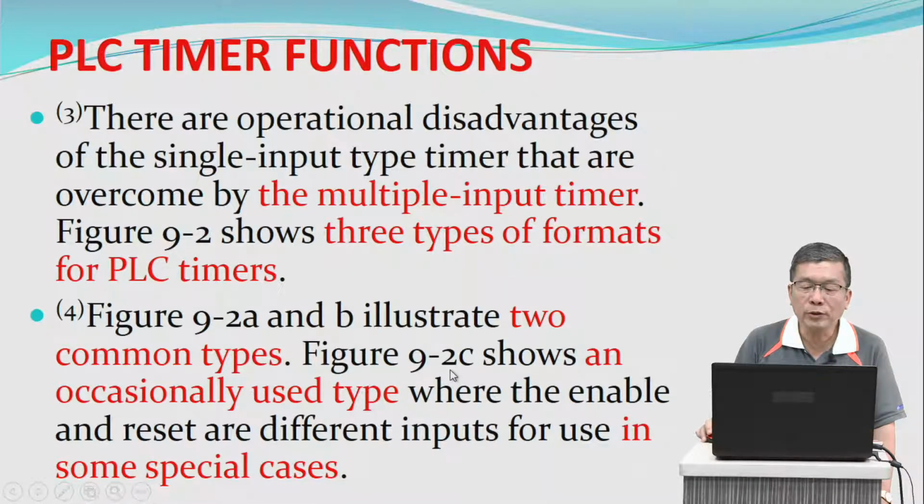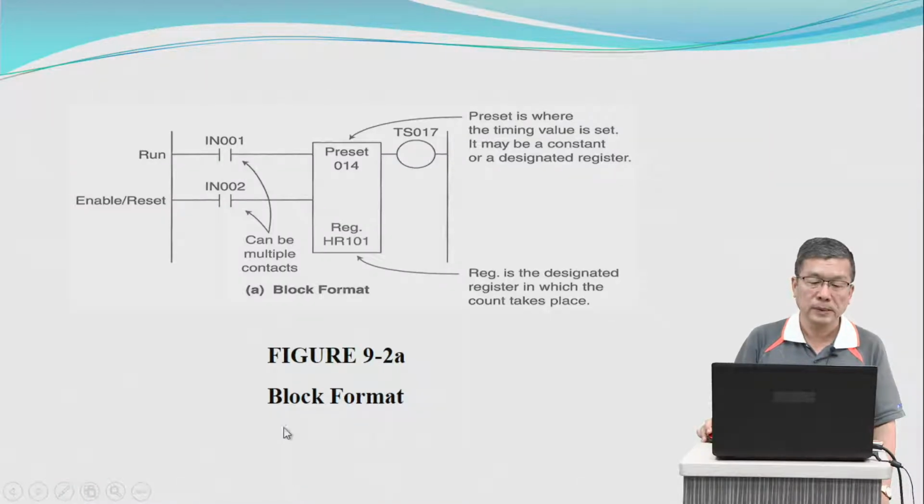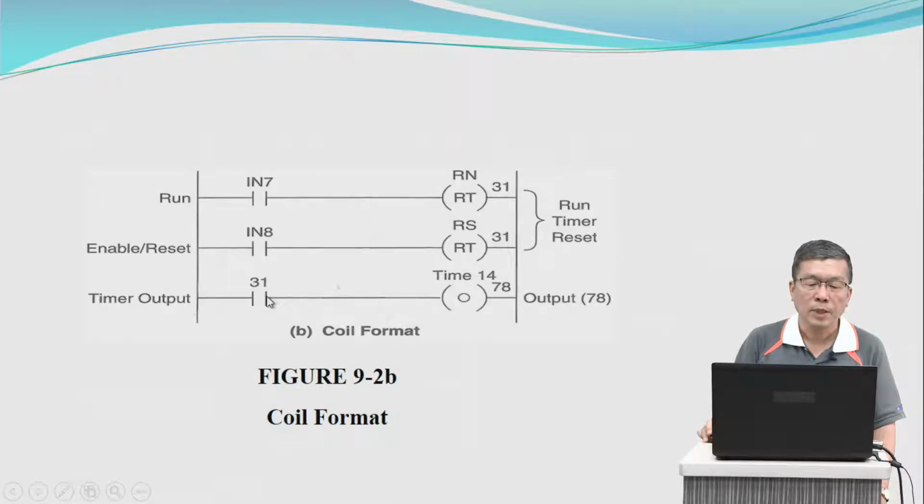Figure 9.2c shows an occasionally used type, when the enable and the reset are different inputs, for use in some special cases. This picture shows a block format. This picture shows the coil format.